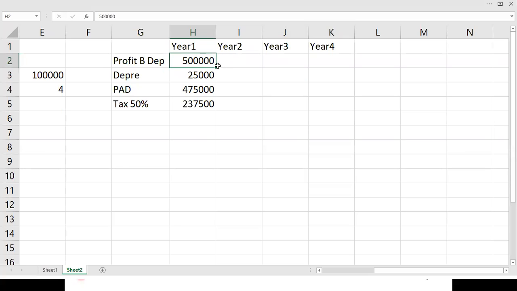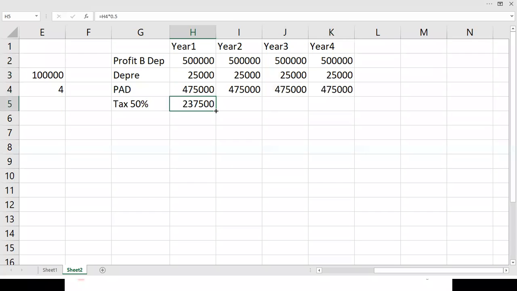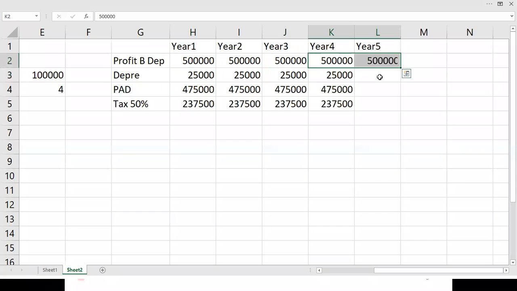Assume that the same profit and depreciation apply for all periods. We can depreciate up to how many years? 4 years. In year five, do you have any depreciation balance? No. Very good. All of you have a clear idea.